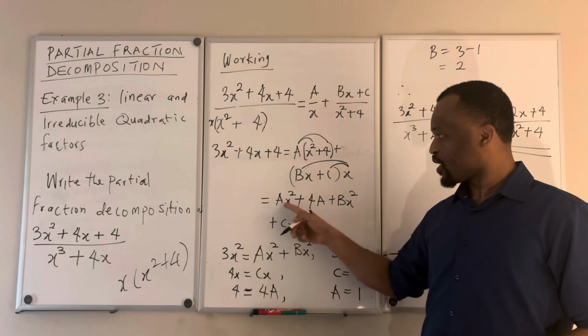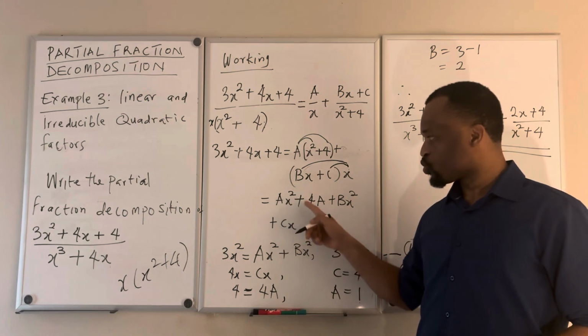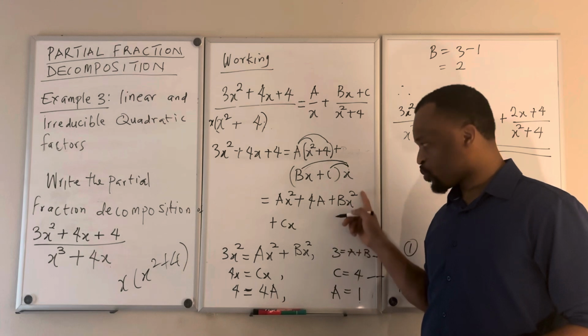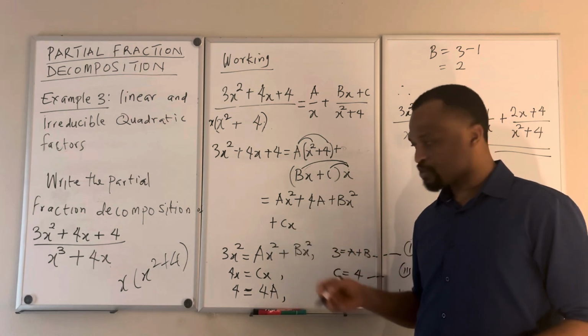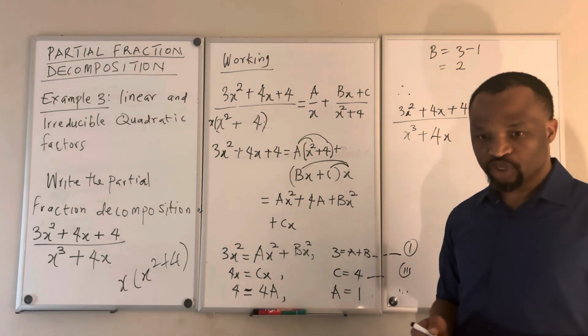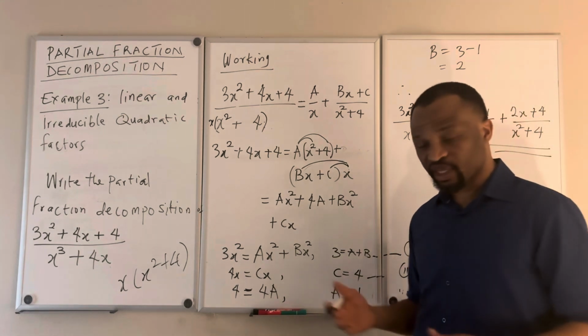We have a times x raised to power 2 plus 4a plus b x raised to power 2 plus c x. From here, the next step will be to collect terms.